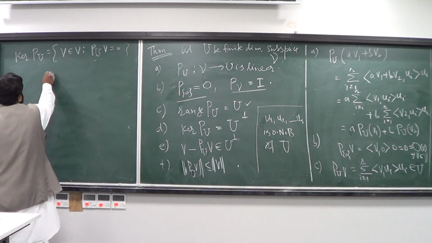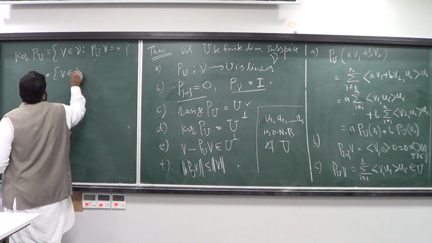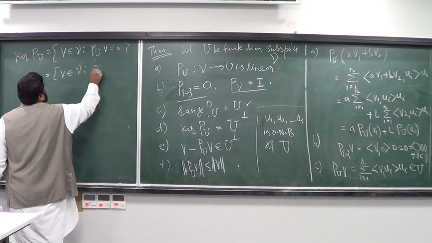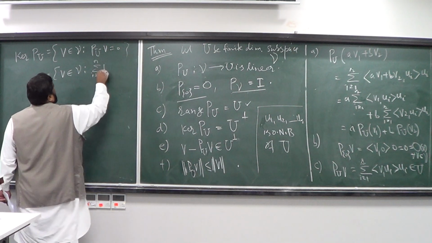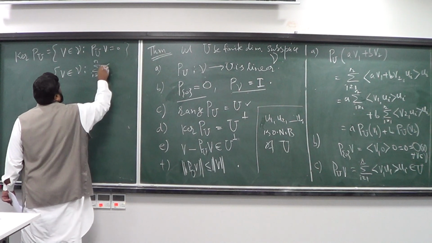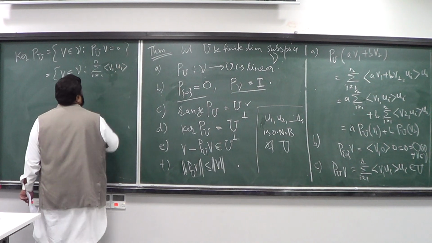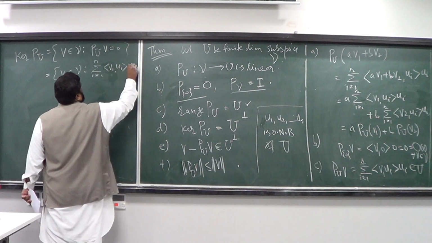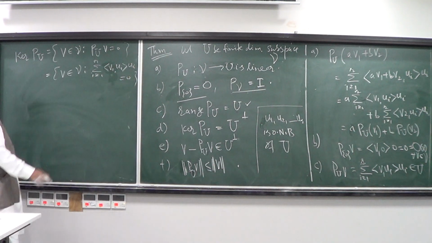Now if you simplify this a bit more, the sum from i equal to 1 to n of the projection coefficient, which is <v, u_i>, times u_i, equals 0. So this is a zero vector.